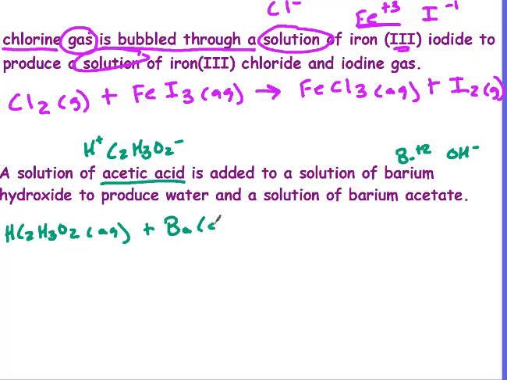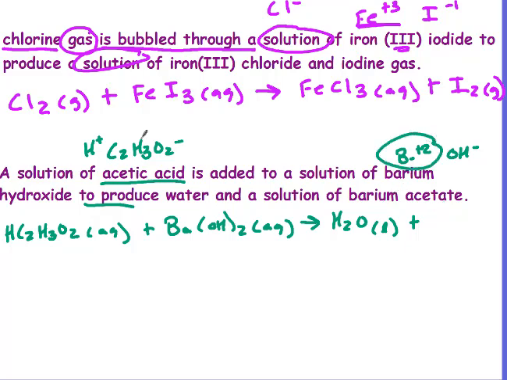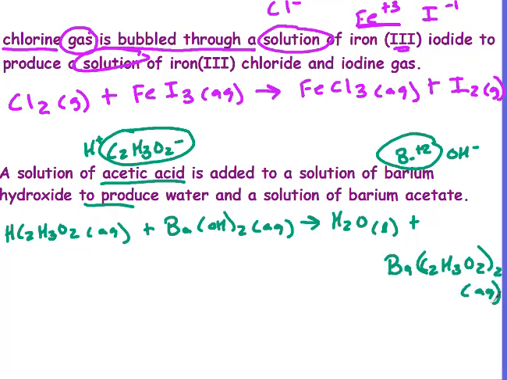So Ba(OH)2, aqueous. To produce, so arrow. Water is just H2O. And unless it tells you otherwise, water is going to be a liquid. And then barium is this, acetate is this. So then we get Ba(C2H3O2)2, and it's a solution, so that's going to be aqueous.